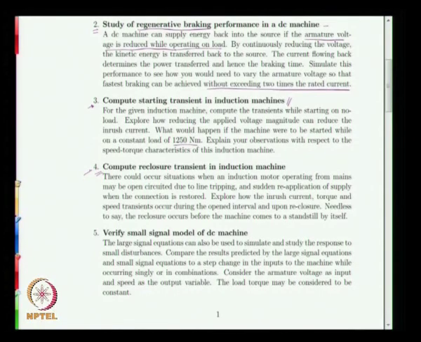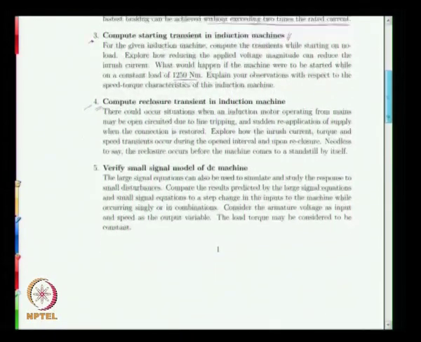So if you switch on the supply when the machine is still not gone really down to 0 speed, then you have a situation which is not really a direct online start, because in a direct online start the machine initially is at 0 speed. So when the reclosure happens, how does the system behave? So that is the fourth assignment.